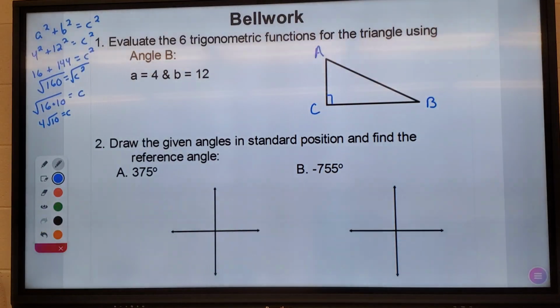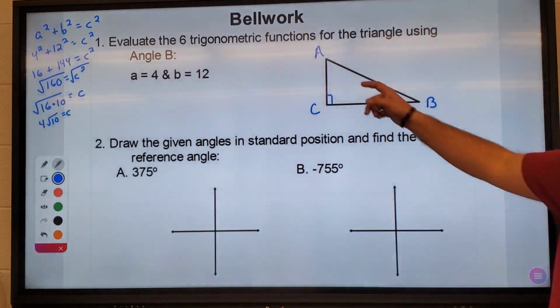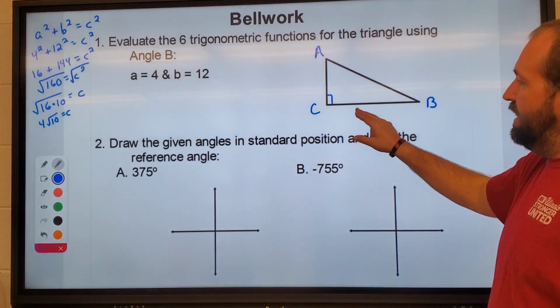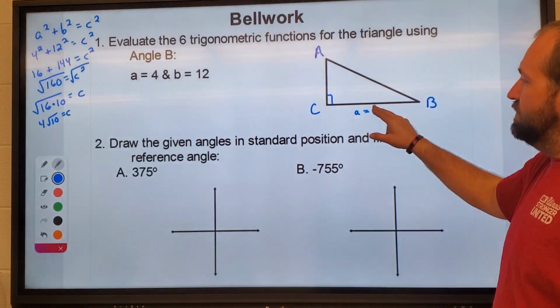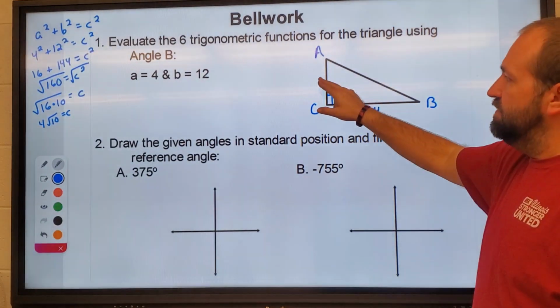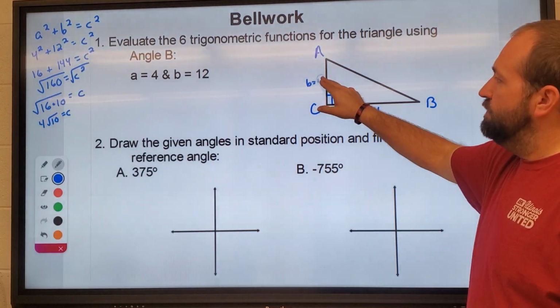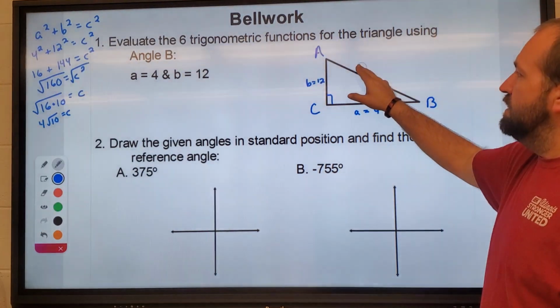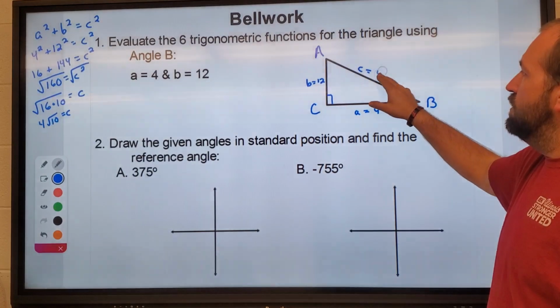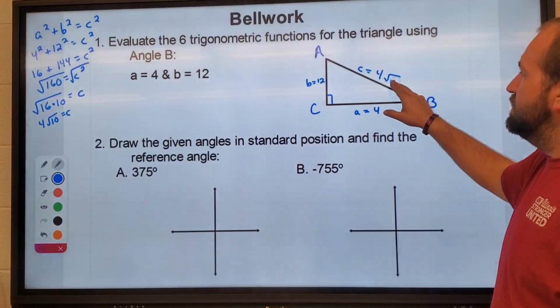And then the opposite of these angles, remember, is the lowercase sides. So the opposite of angle A is side A down here. That is 4. Opposite of B here is B, which is 12. And then C here is the 4 square root of 10 that we just found.